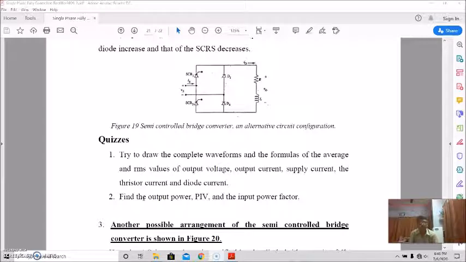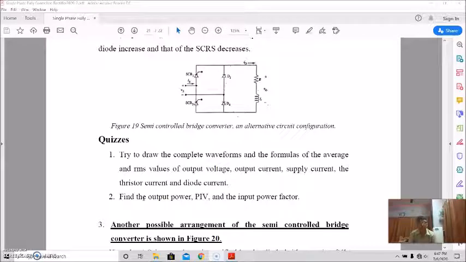And the second quiz is to find the output power, PIV, and input power factor. How we will find all these things, output power, PIV and input power factor, we have also discussed. The output power is nothing but the product of output voltage and output current.